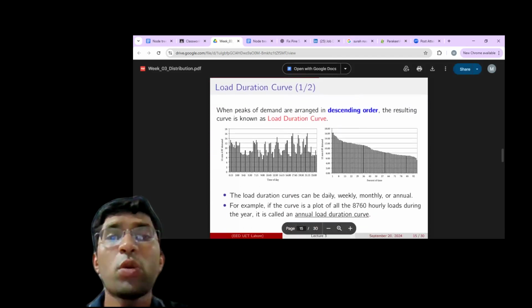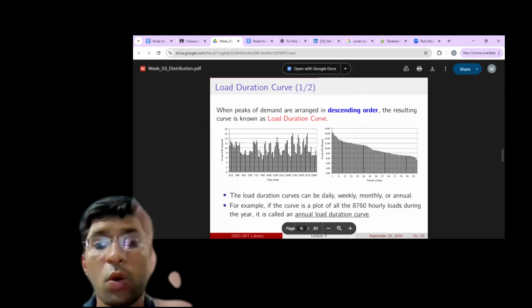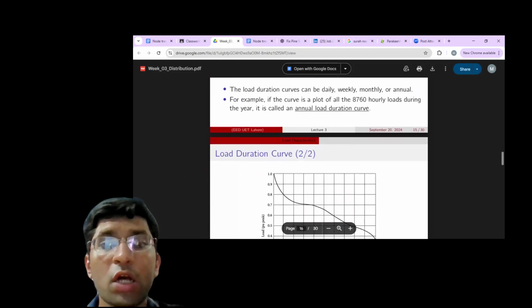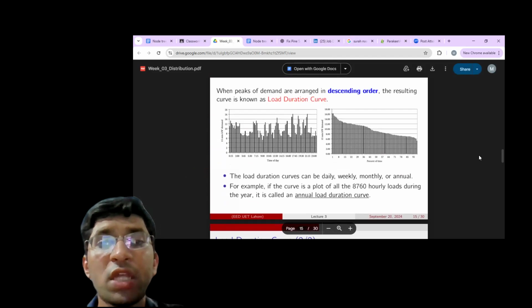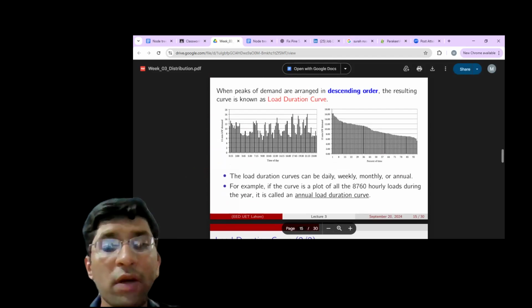The load duration curve: the peaks of demand are arranged in descending order, going downward. The resulting curve is known as the duration curve. When the peaks of demand are arranged in descending order, the load duration curves can be daily, weekly, monthly, or annual, and it is up to the power distribution engineer with the consensus of the board of directors.